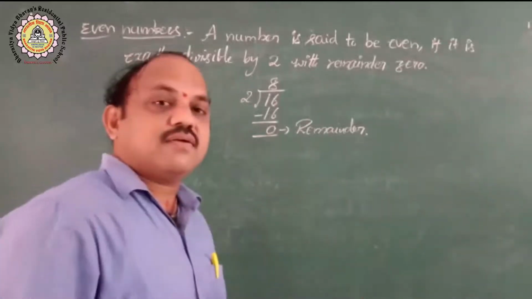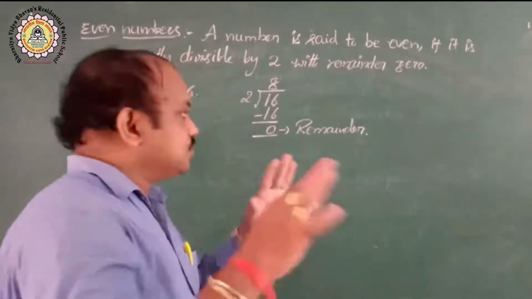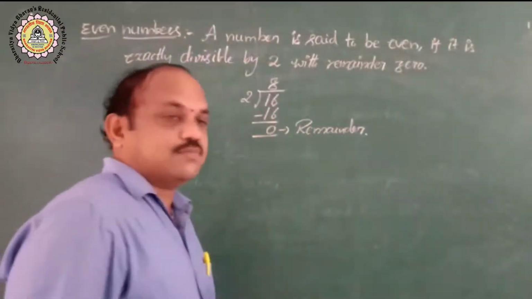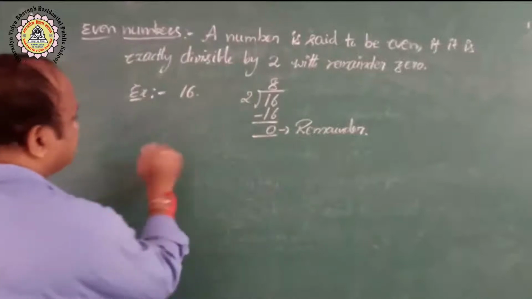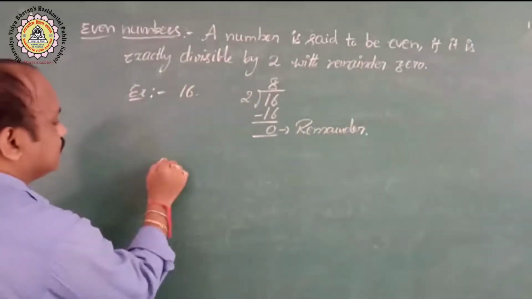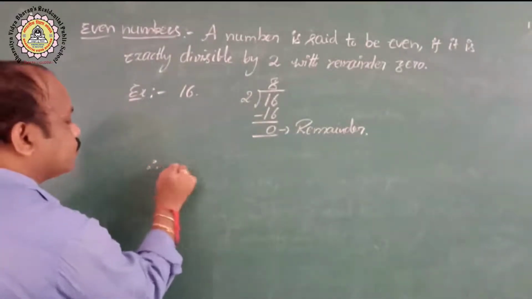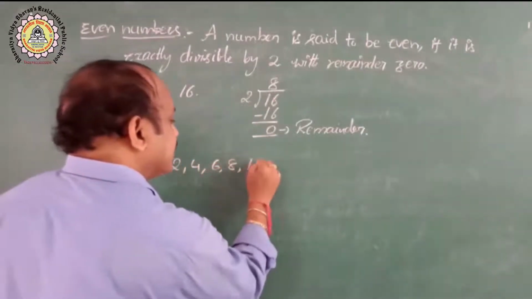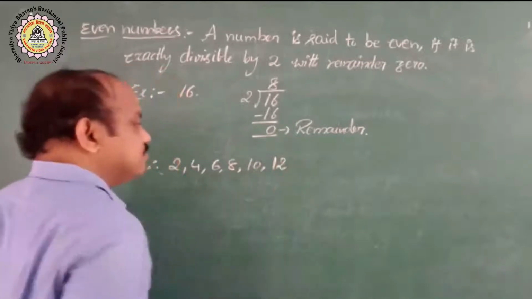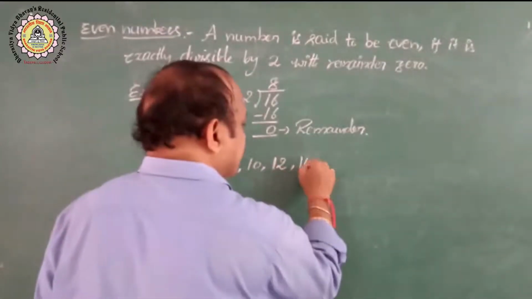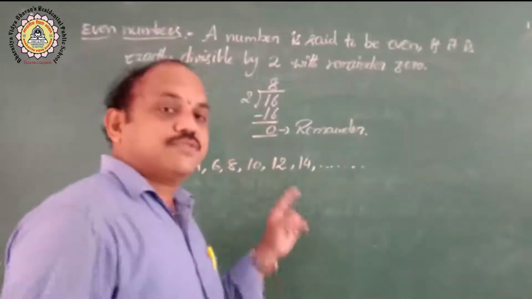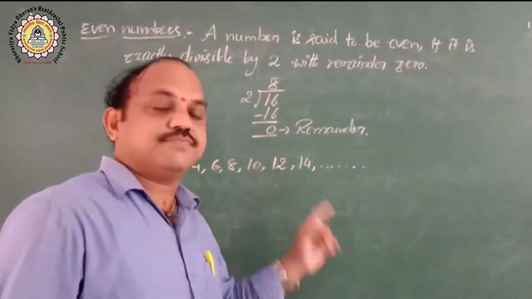We should get the remainder as 0. So like this, so many numbers are there as even numbers. So we have 2, 4, 6, 8, 10, 12, 14 and so on. These are all examples of even numbers.